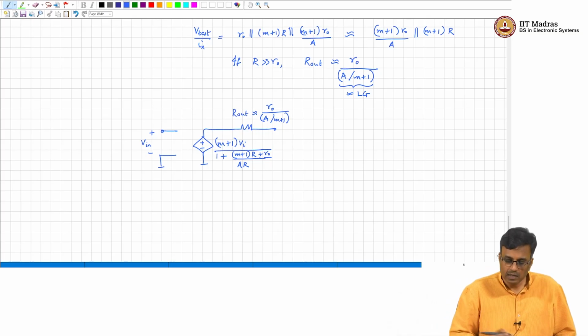So, if A is very large, this is approximately equal to m plus 1 times V I.